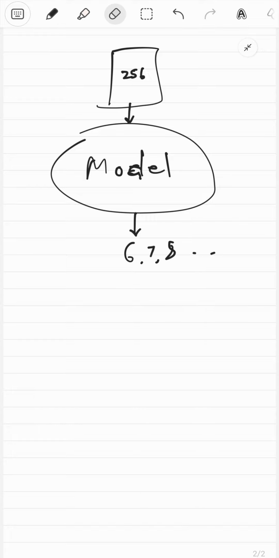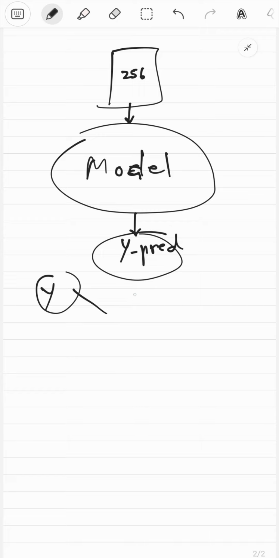Let's call this number y prediction, and then you compute the loss with respect to the target y. You try to minimize this loss, which is obviously done using gradient descent, back propagation and all that, but we'll learn about it later. Your model is fitted in a way such that this loss is minimized. Usually this loss is the cross entropy, but let's not care about that right now.